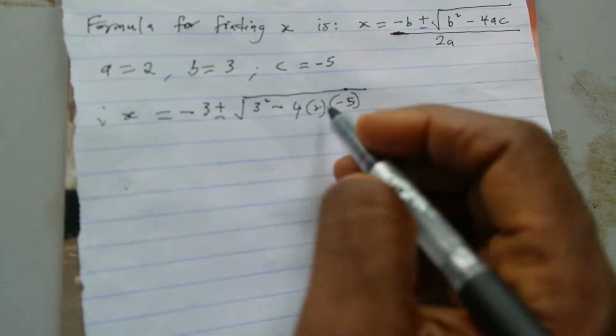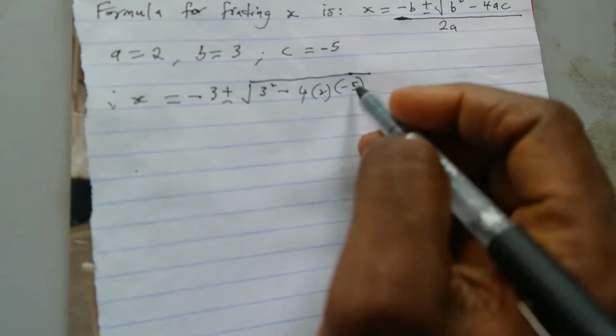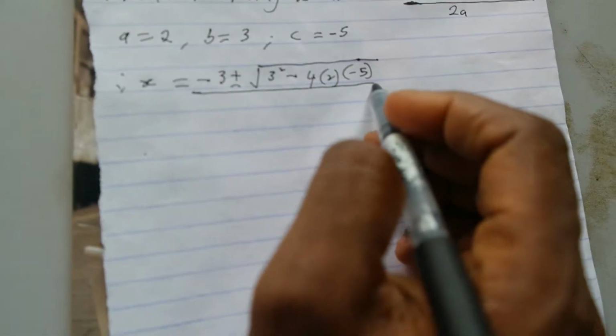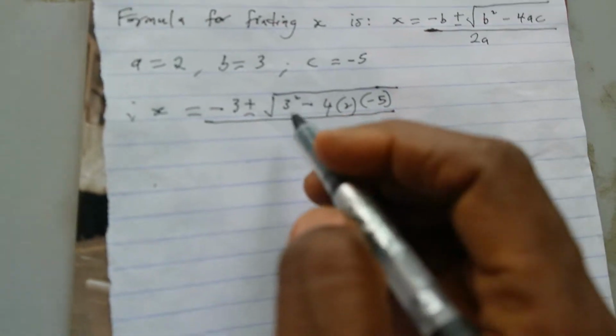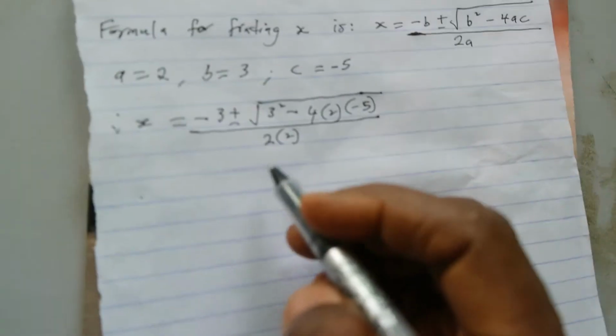So the meaning of this is 4 times 2 times minus 5. You can put the 2 and minus 5 in brackets. Now, all over 2a. a is also 2, so we have 2 here.